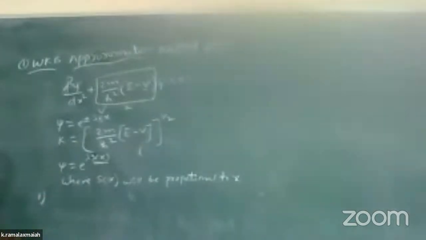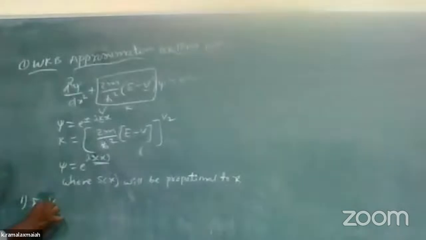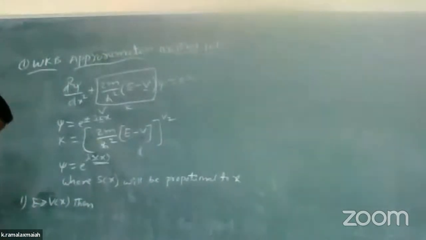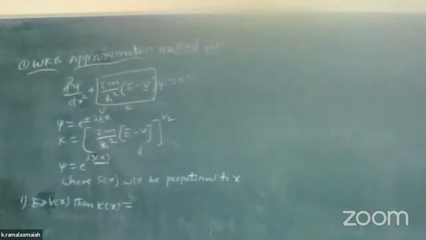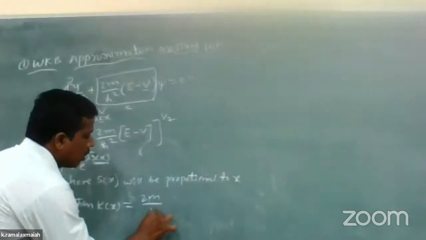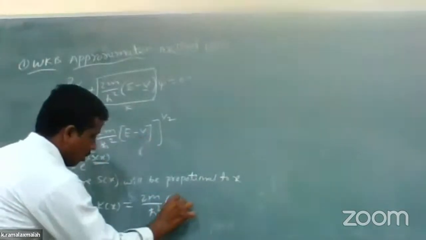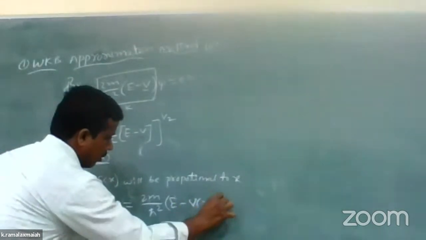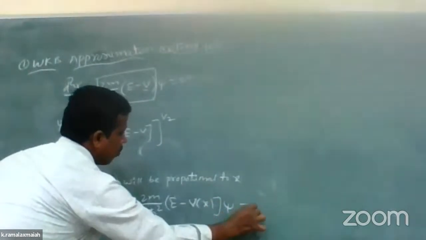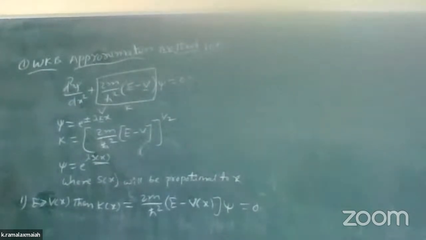First one is E greater than V of x, then k of x is equal to (2m by h bar square (E minus V of x)) to the power of 1 by 2.